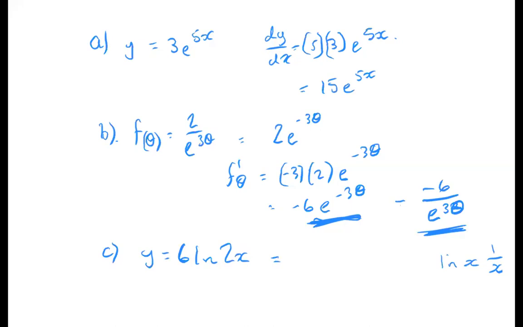So when you do this, we keep the 6, because that's a constant multiplier, and then that's just times 1 over x, which is equal to 6 over x. Simple as that.